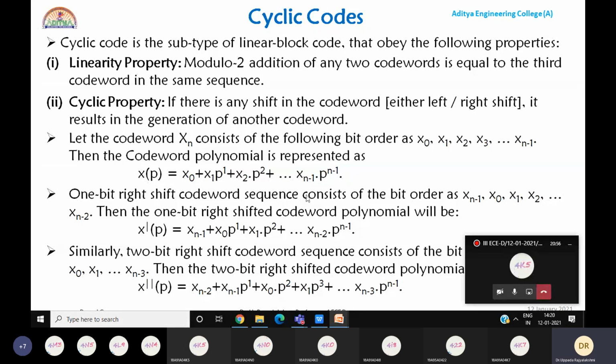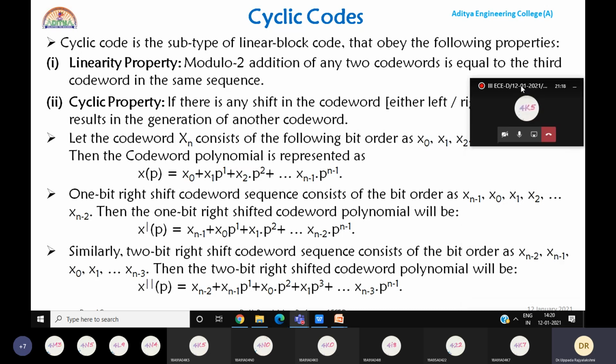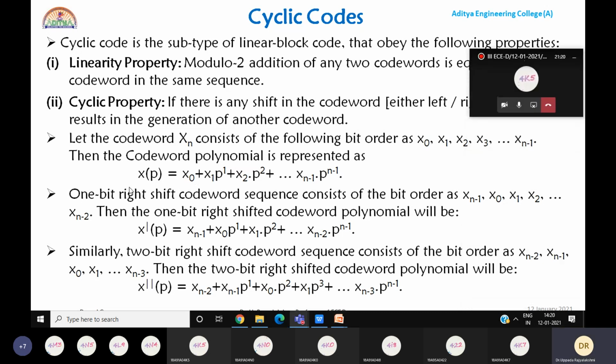So this is the code word polynomial of the code word having the bit order x0, x1 and so on up to xn minus 1, because the code word is of length n, where already I told you x0 is the LSB bit and xn minus 1 is the MSB bit. Now, for example, if you right shift the code word sequence, here this is the original bit order.